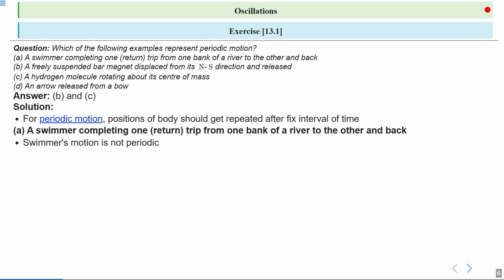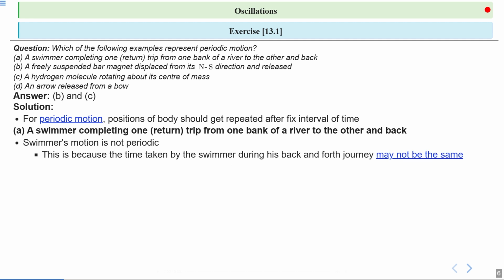Swimmer's motion is not periodic. This is because the time taken by the swimmer during his back and forth journey may not be the same. This means positions of the swimmer are getting repeated but time is not fixed.